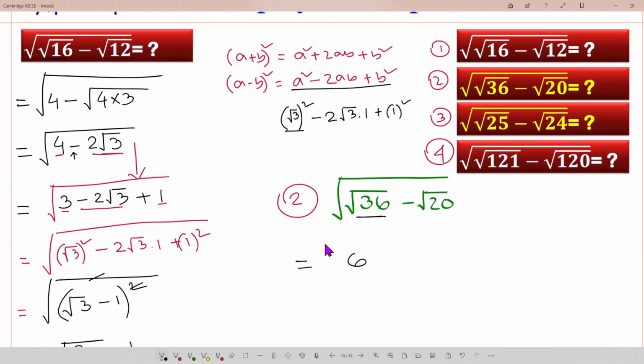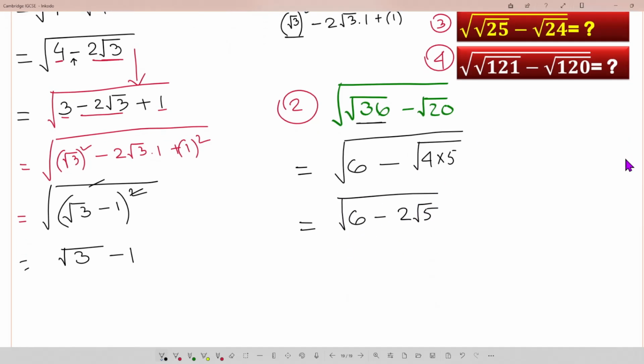So we get 6 minus this 20, we can write, suppose, 4 times 5. 4 times 5 is 20 and 4 is a perfect square. So we can use the root sign, and here is root. Now 6 minus root 2, root 4 means 2, and here is root 5, then whole root.